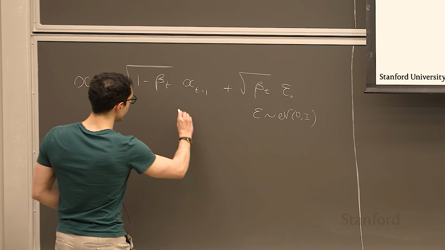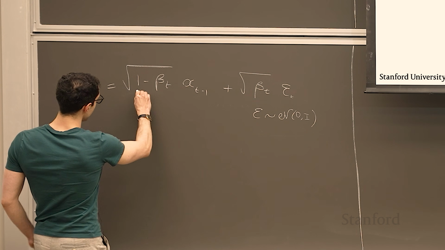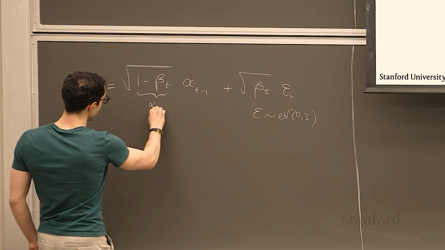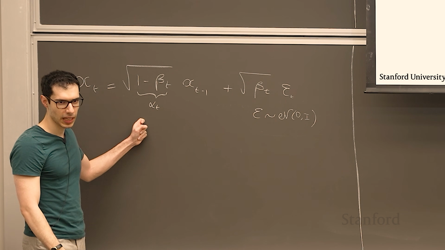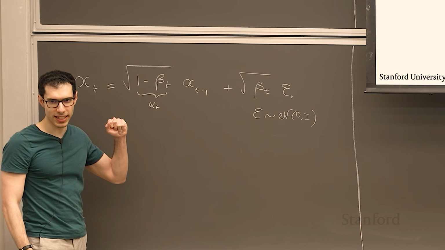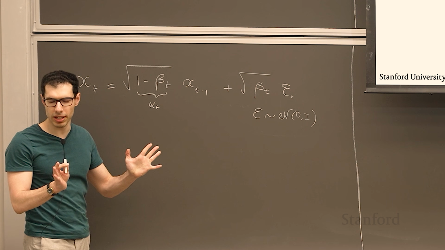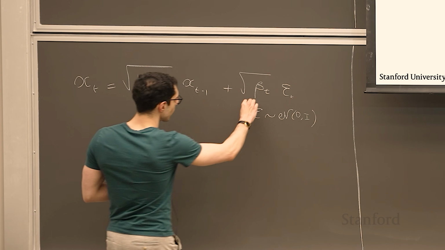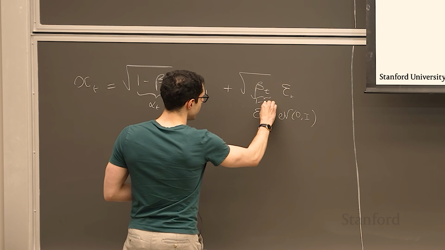First of all, I will just define alpha t, which is equal to 1 minus beta t. It's just a reparametrization. So here it will be 1 minus alpha t.